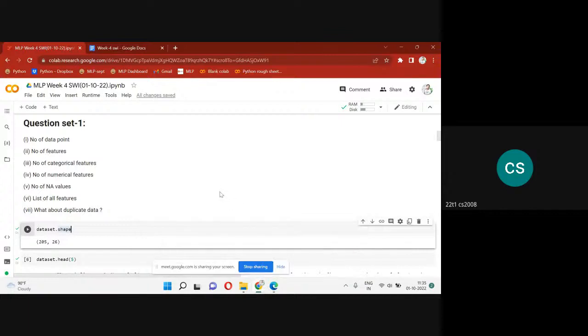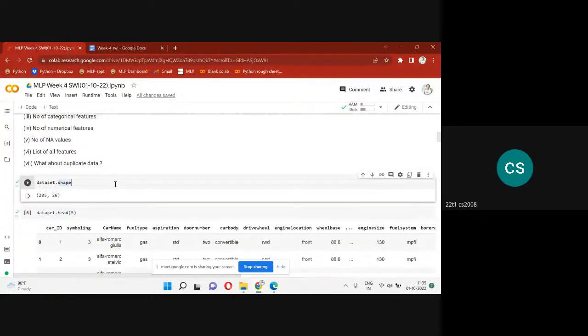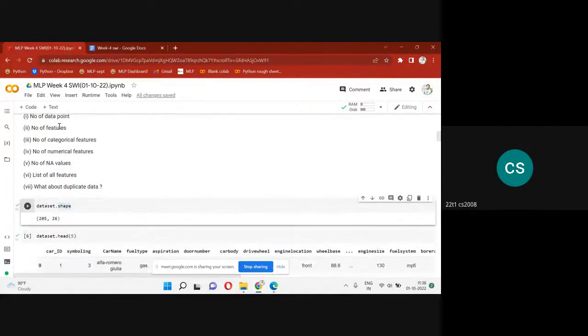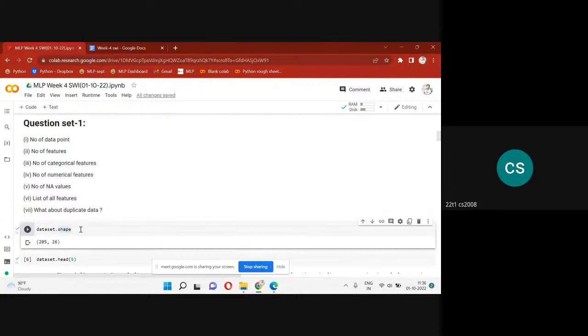First, you check how many data points are there, how many features are there. After that, how many categorical features and how many numerical features are there. To check the number of data points, you can use df.shape and press 0, so that it gives you the first value. It is saying 205, so you have 205 samples.